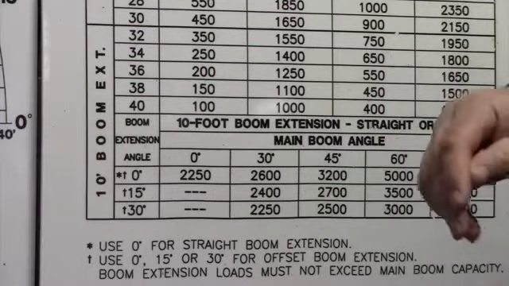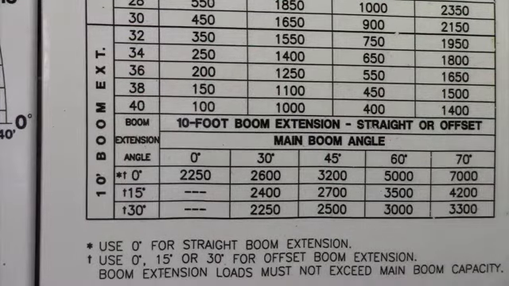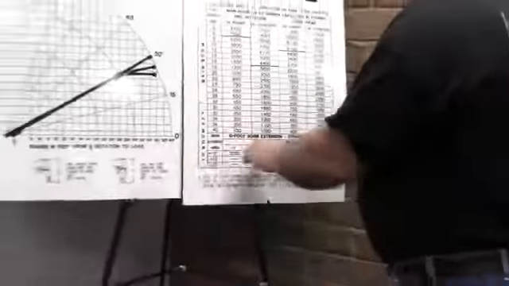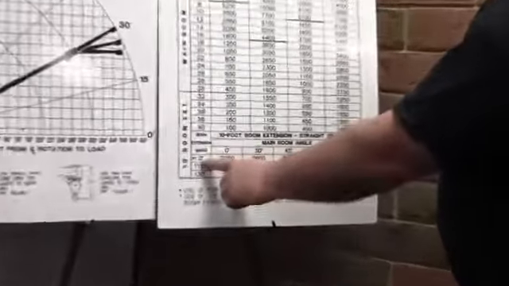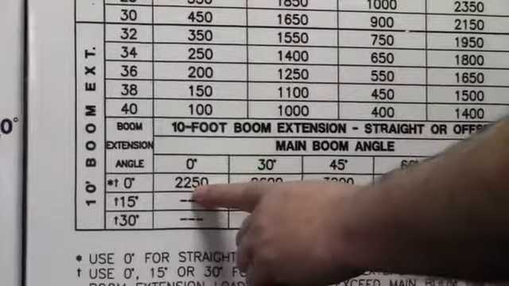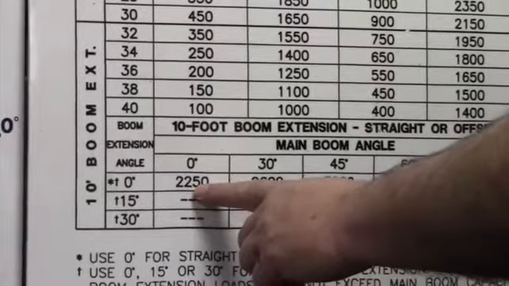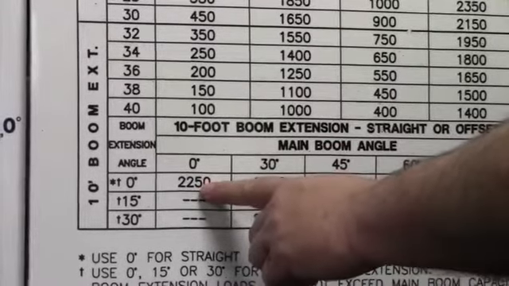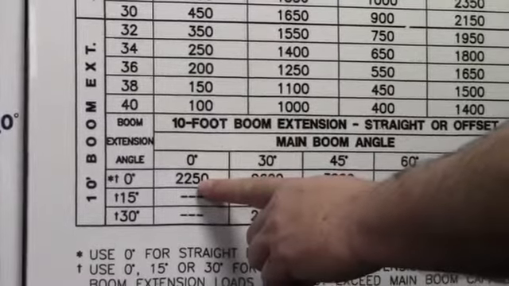And so in this particular case, most of the cranes that we sell have a non-offsetable jib, and that jib is at 0 degrees. So if I'm using the jib here, I would use the 0 degree boom extension angle. If the boom of the crane is at 0 degrees, this is the angle of the boom of the crane, I have a 2,250 pound capacity.